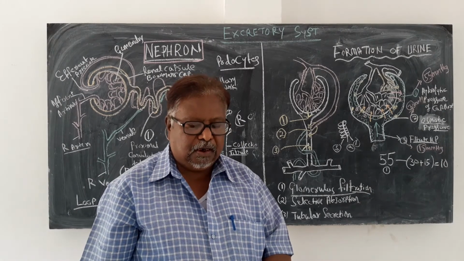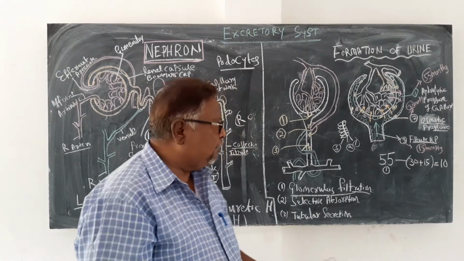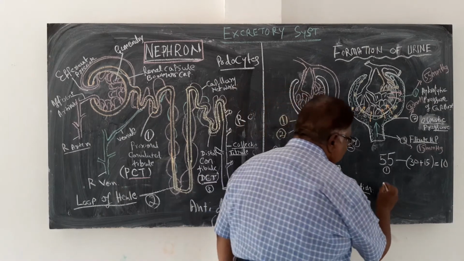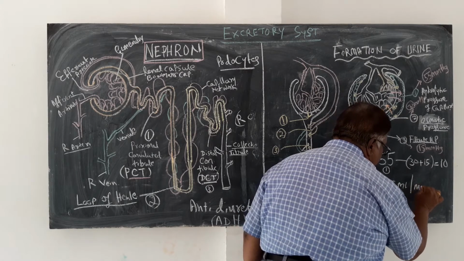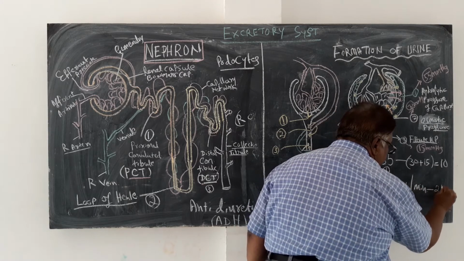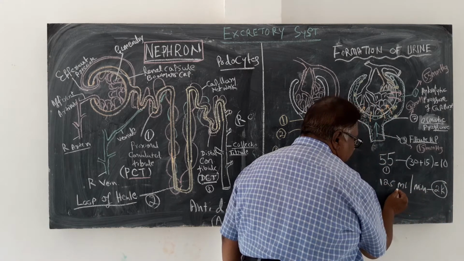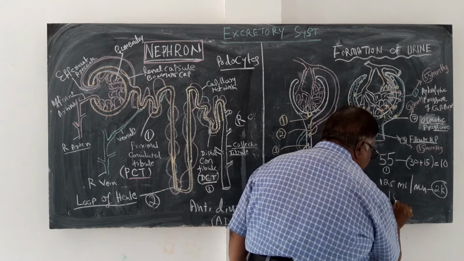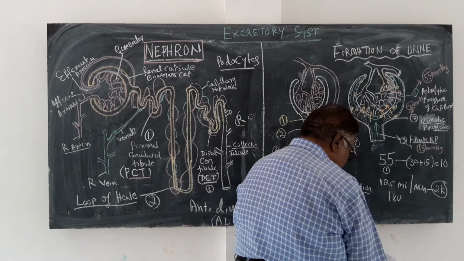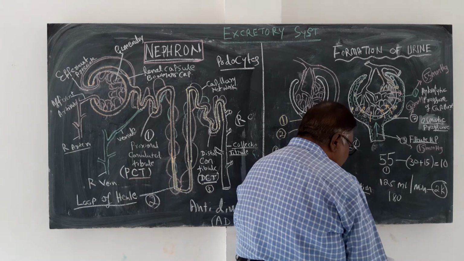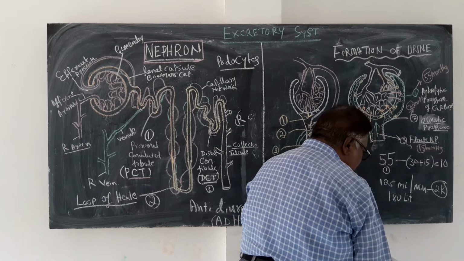Next point, the volume of filtrate produced by both kidneys is about 125 ml per minute. Both kidneys produce 125 ml per minute, that is 180 liters per day.